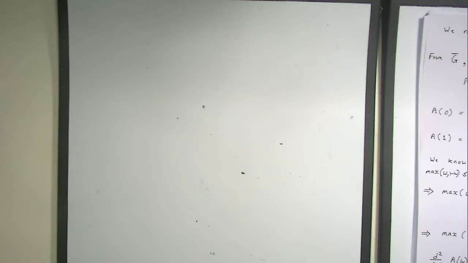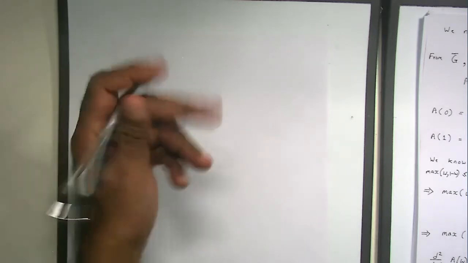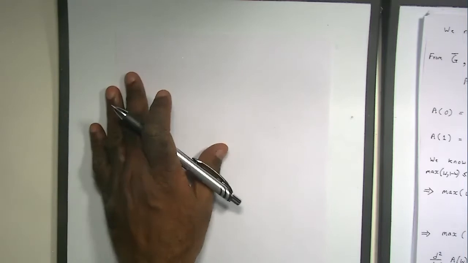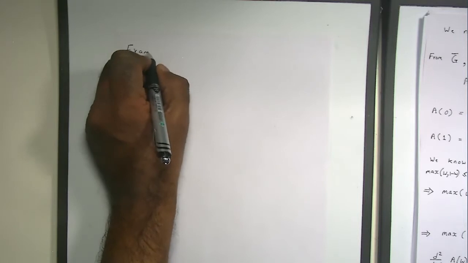So let me start by doing a few examples. This is stuff we did last week. I know sometimes you say that I don't do enough examples, but I try to do as many examples as possible. So this is example 3.